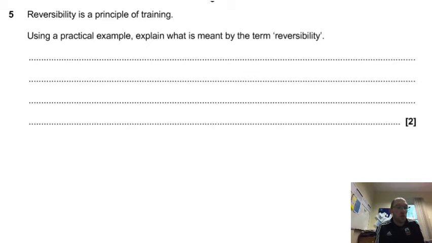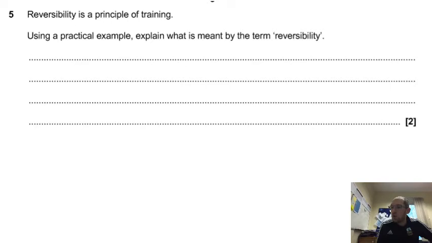A common error was the use of the word reverse in the answer. For example, strength would be reversed if a weightlifter stopped training due to injury. Because it's used in the question, you shouldn't really use it in your answer. Number 5, so the actual mark scheme. 2 marks of explanation.